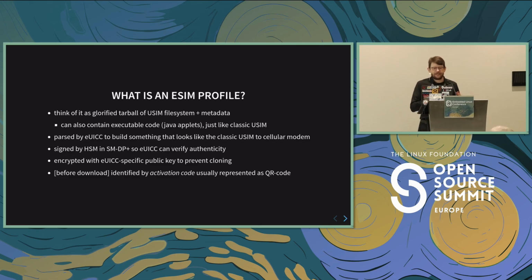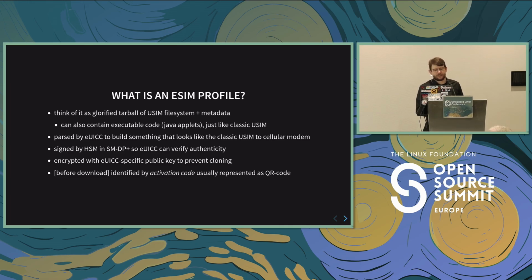Yeah, so what is that eSIM profile that we download? Well, you can think of it as a glorified tarball of the file system contents of the eSIM, because SIM cards have a file system. And some metadata like the authentication key material. It also can contain executable code that depends on the operator, so-called Java applets, or actually more technically specifically Java cardlets.